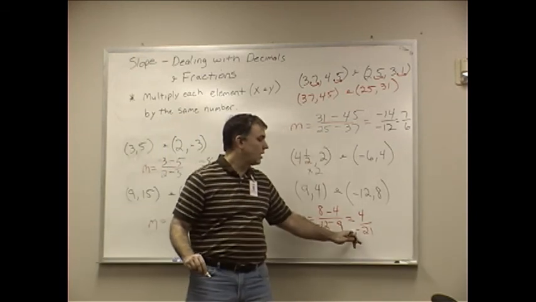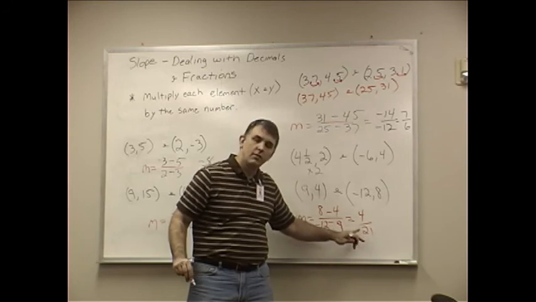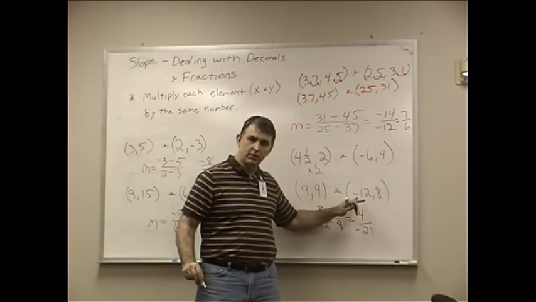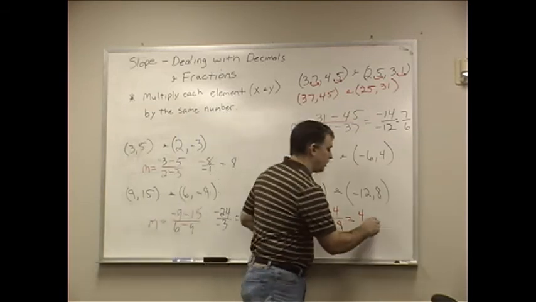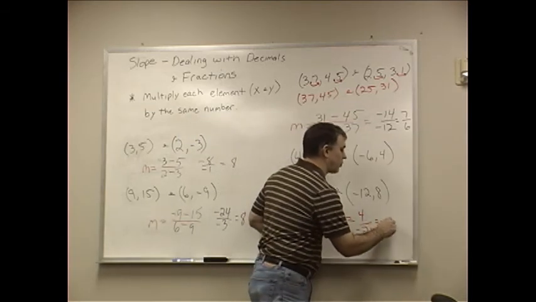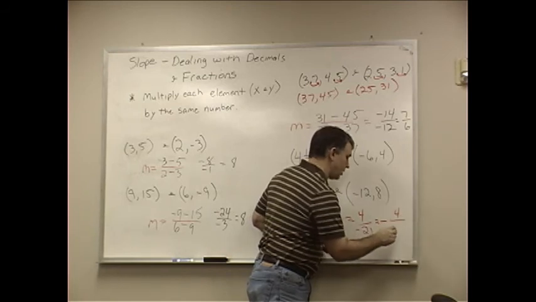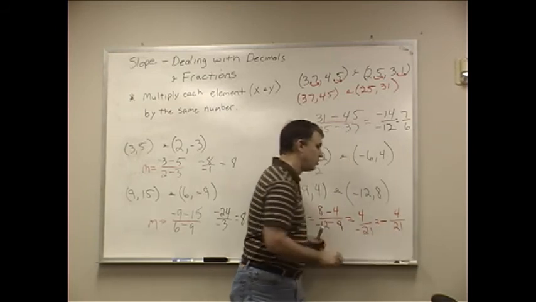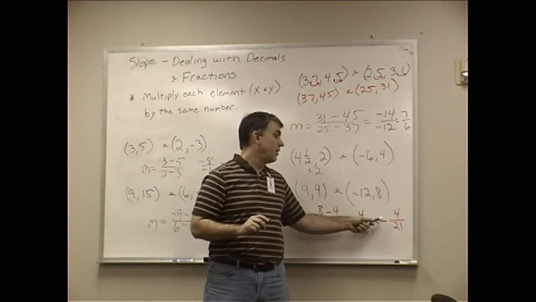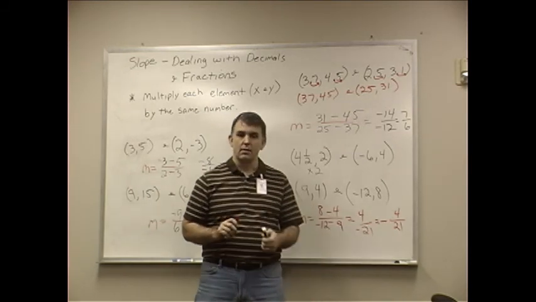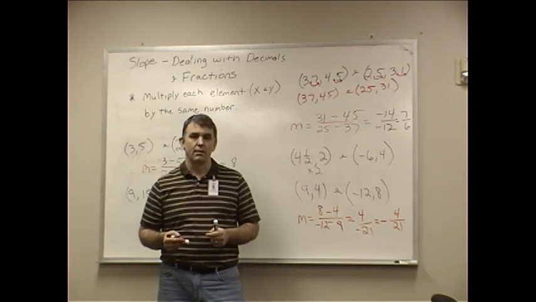Now, students will say, Mr. Trapp, should I leave the negative on the bottom, or should I move it to the top, or whatever? It's not incorrect on the bottom, but if the answer is negative, we usually just write it out front. So it'll become -4 over 21. And that negative could be on the top or the bottom. It's the same thing mathematically.